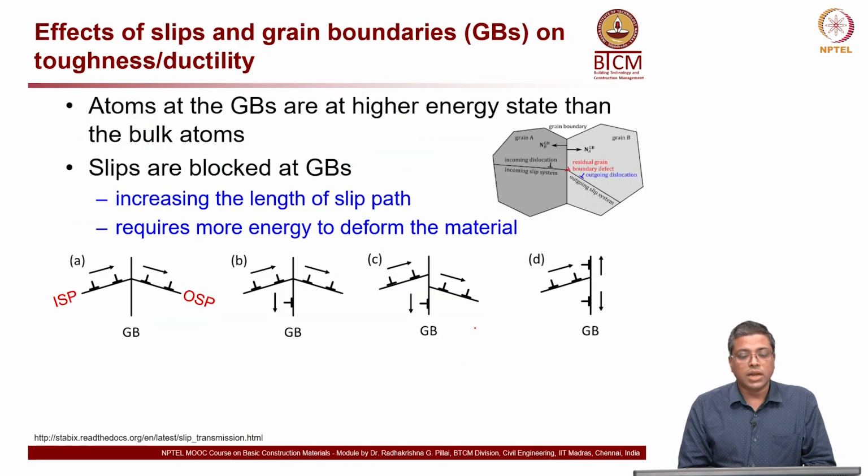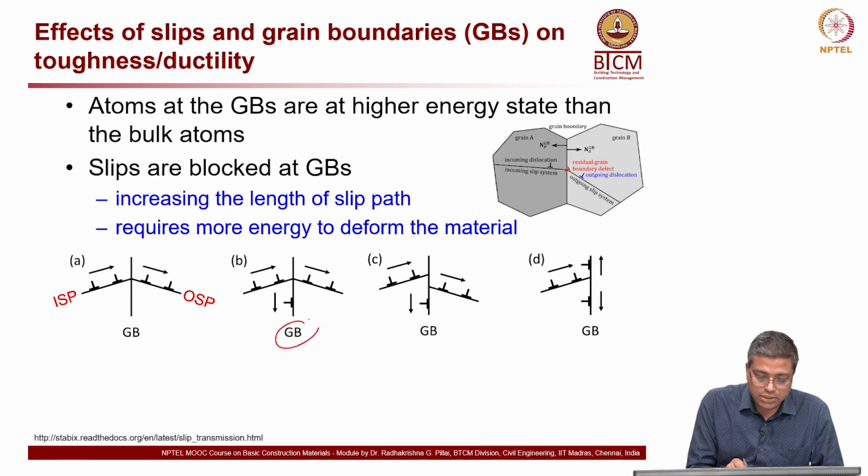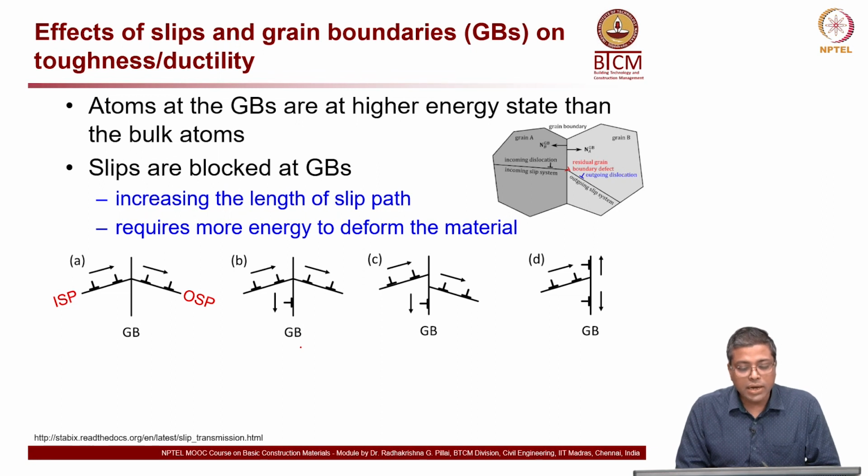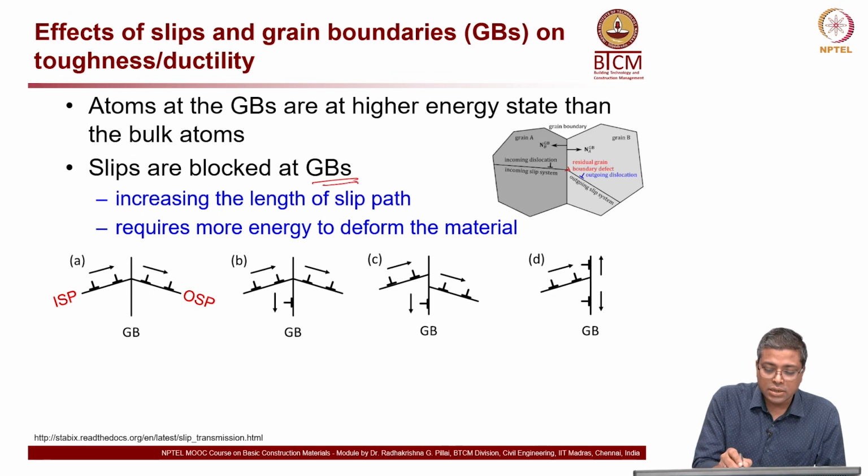Now, effects of slips and grain boundaries, or I am going to call grain boundary GB here, on toughness and ductility. Atoms at the grain boundaries are at a higher energy state than a particular atom within the grain. Now, slips are blocked at grain boundaries.